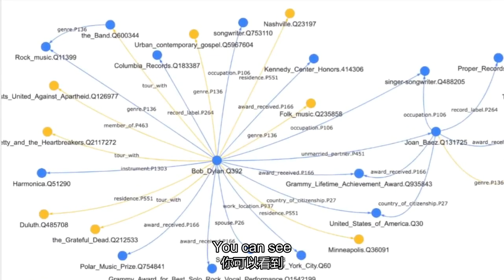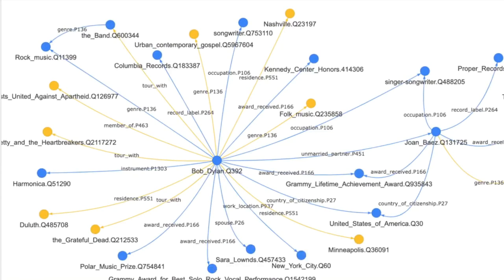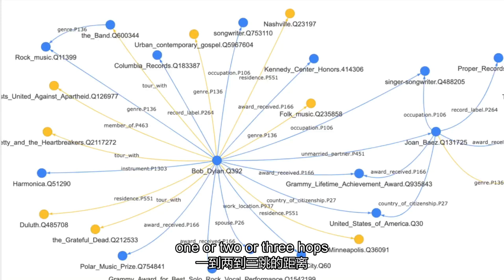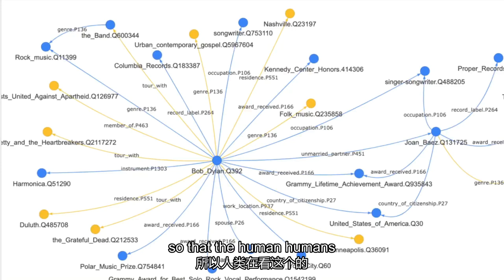Now they are very honest about this, but just to say that that's probably what happens most often. So here you can see the graph for Bob Dylan constructed from the Wikipedia pages that are, they say, around the page of Bob Dylan. So I'd guess 1 or 2 or 3 hops away, something like this. And you can see the blue stuff is stuff that we already knew, so that the humans also found.